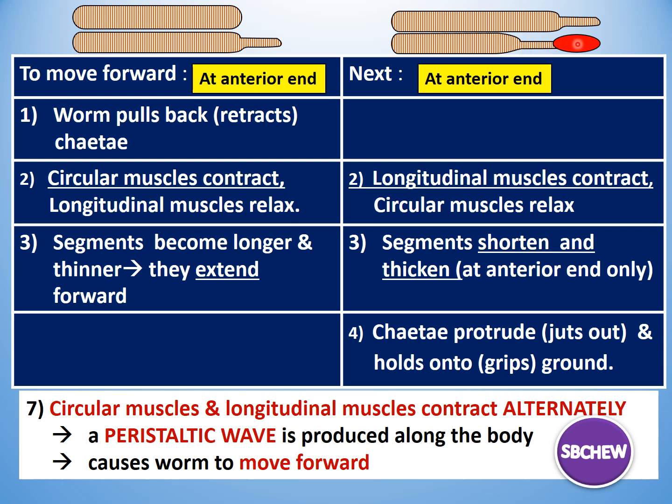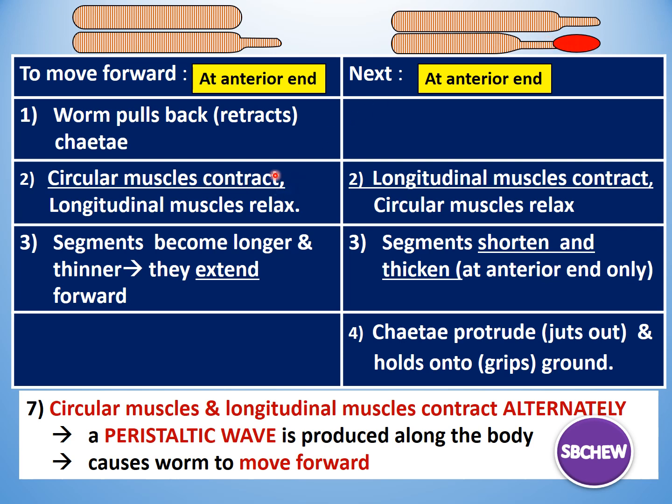So after the segments have shortened, it's time to let the setae protrude to grip the ground so that the head does not move anymore, because it's time for the other parts of the body to move forward. The movement of the other parts of the body will occur in stages too, like the head. So after the head has moved to the front, it's time again to repeat the cycle.